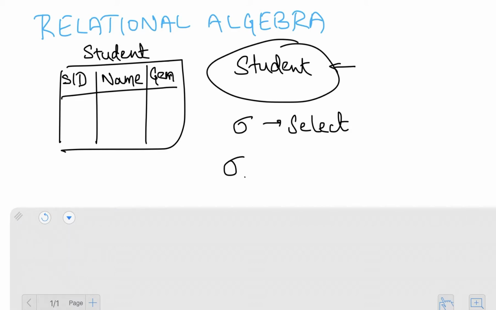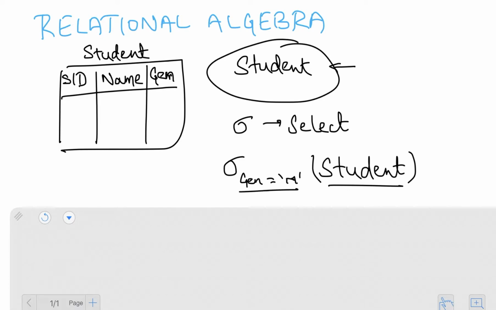So let's say I say that gender equals M. So I want only the male students right here, and then I say some expression right here. So what this means is from relation student, select all those entries for which gender is male.